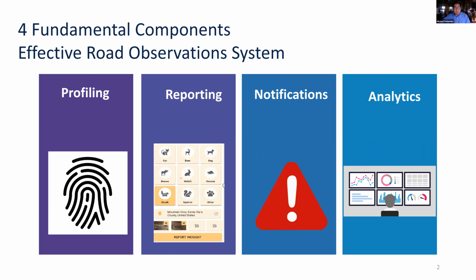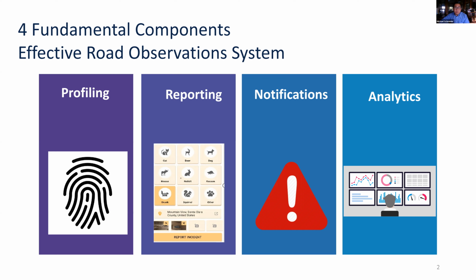Now, these are the four key fundamental elements that we consider very important for a roadside observation system. The first one is profiling, and this is really about capturing upfront information about your user. And the more you can do that, the more value you can deliver further down in the process.